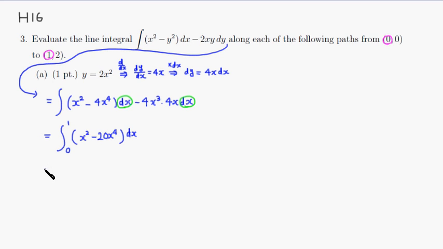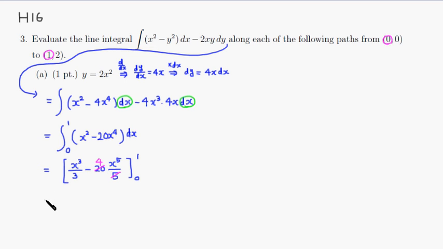So this is going to be equal to x cubed over 3, minus 20 times x to the 5th power over 5, going from 0 to 1. I can cancel: 20 divided by 5 is 4.